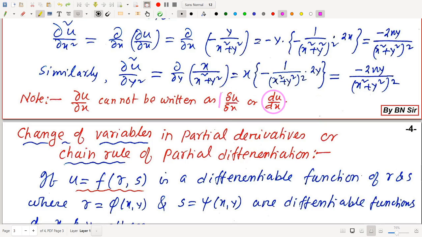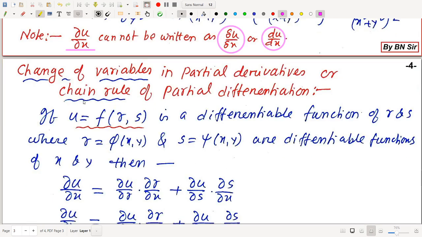If we take the limit of this increment ratio, we actually get ∂u/∂x. That's why you cannot use these two symbols for a partial derivative. This is not a style of writing, this is the reserved symbol for writing a partial derivative, ∂u/∂x.